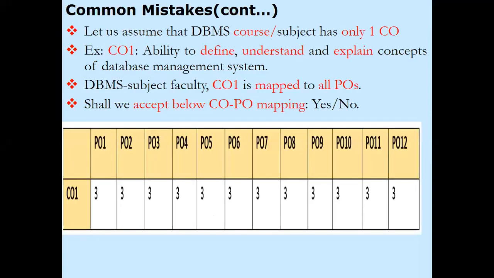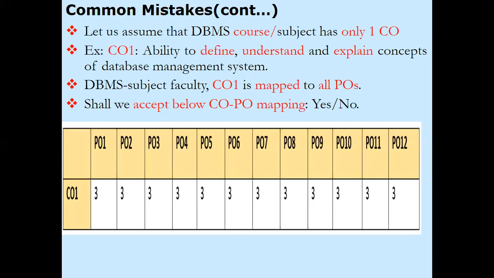Now let's assume that in the DBMS subject, there is only one CO. For example, CO1 talks about the student having the ability to define, understand and explain the concept of the database management system.